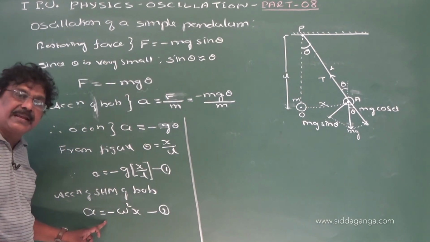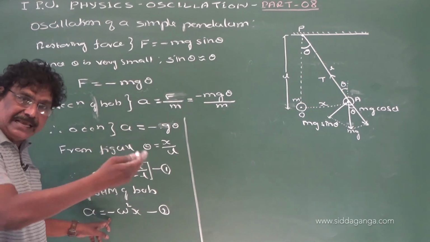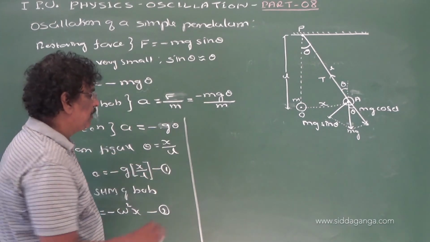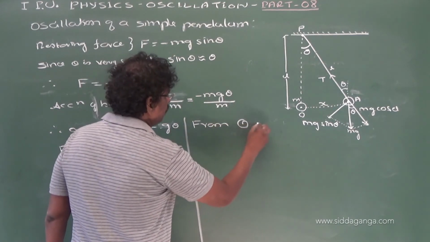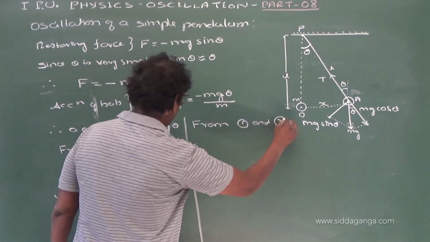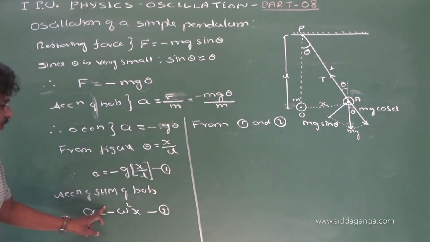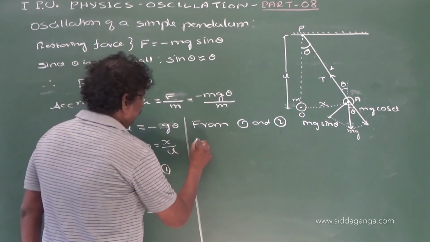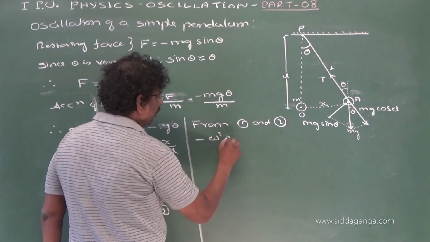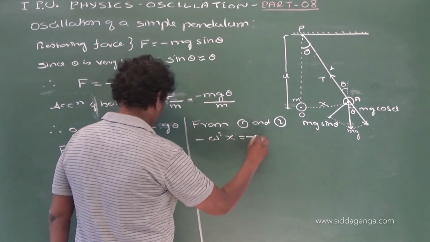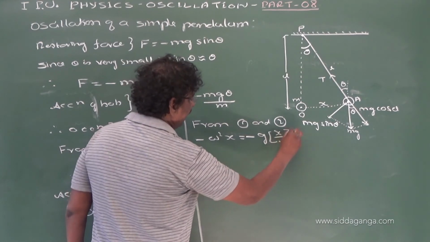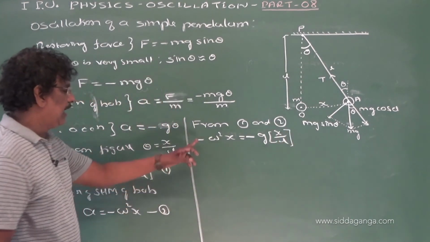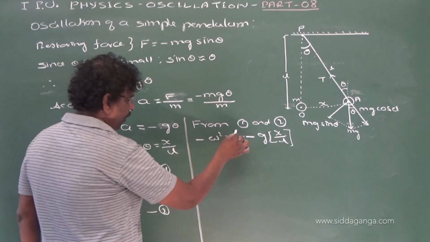Again, the negative sign indicates that the acceleration is directed towards the mean position. Now from equations 1 and 2, the negative sign gets cancelled.